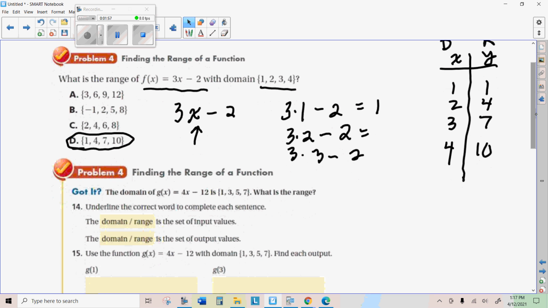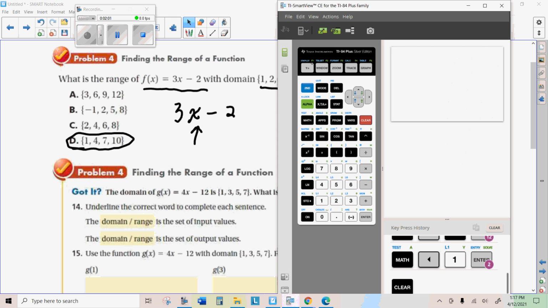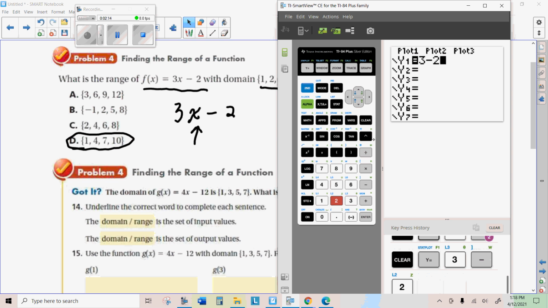Now, on your calculator, you could do this fairly quickly. I'll just show you that quick. You could press your Y equals, put in the function rule as long as it's given in terms of X. So 3X minus 2.